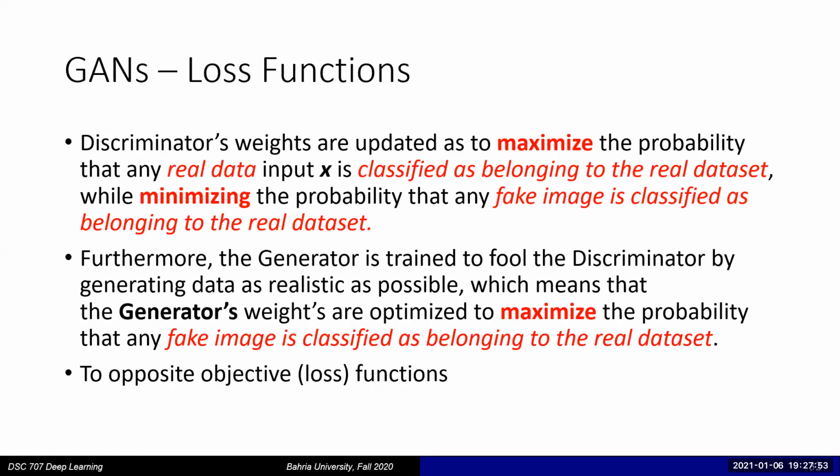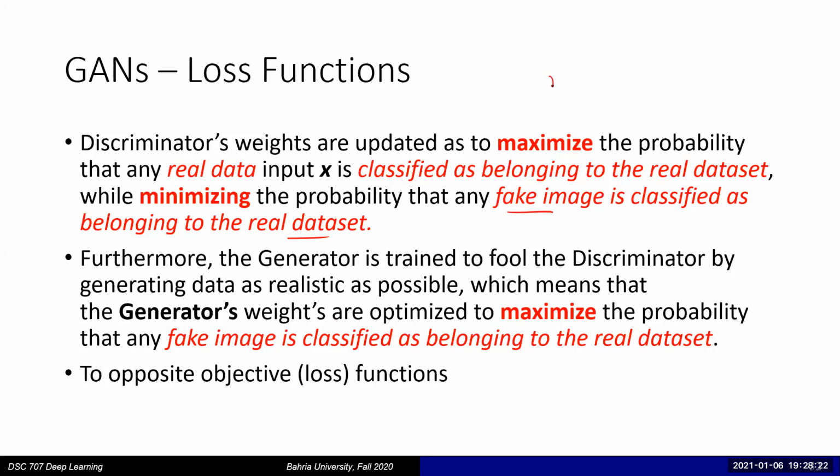Now, from the viewpoint of the loss function, you see both discriminator and generator have opposite loss functions. What we are trying to do in the discriminator is adjust the weights in such a way that we want to maximize the probability that real data is classified as real. And we want to minimize the probability that fake data is classified as real, right?